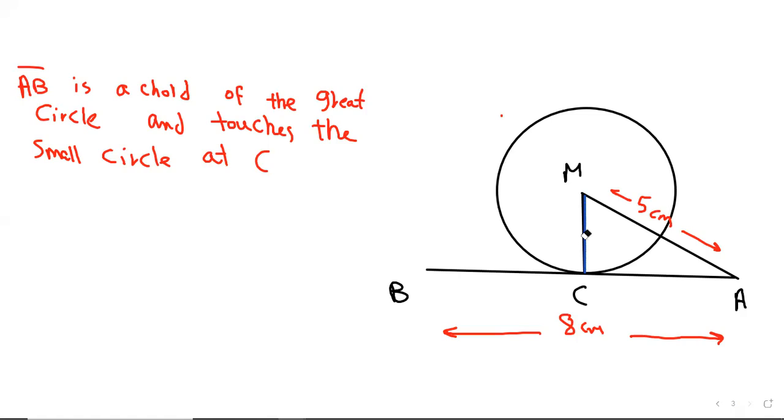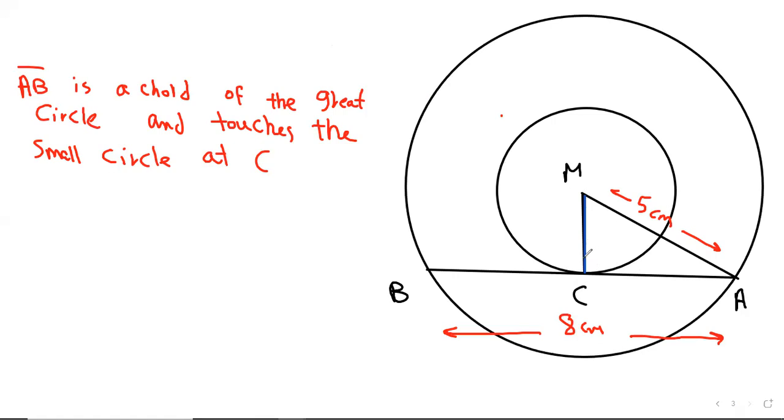So forget the greater circle now and have a look at the small circle. MC here is the radius and AC is a tangent because this line touches the circle at C. So this angle is right. Before using Pythagoras, we will go to the greater circle again. Here, MC is perpendicular to AB.